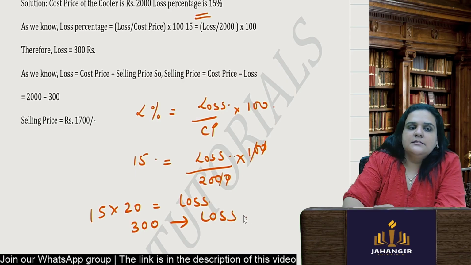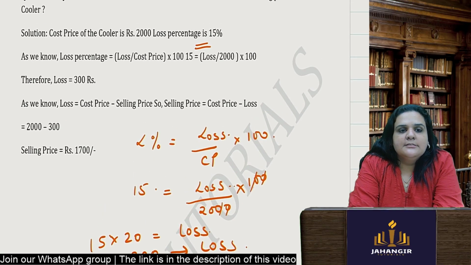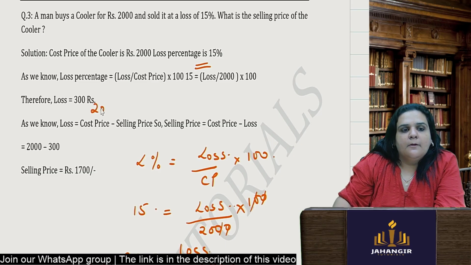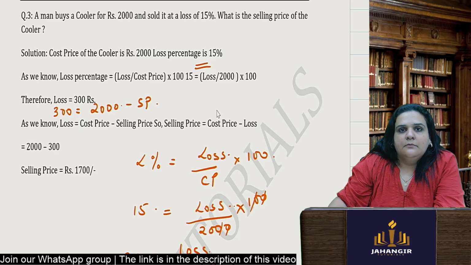I got the loss. I know my cost price. So cost price of the cooler is 2000. Loss I know that it is 300. So selling price I can find. Correct? Now I can find the selling price. Selling price will be nothing but the cost price minus the loss.